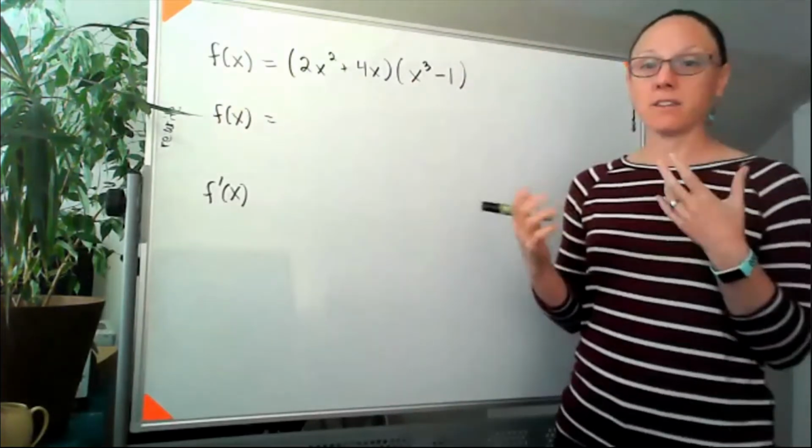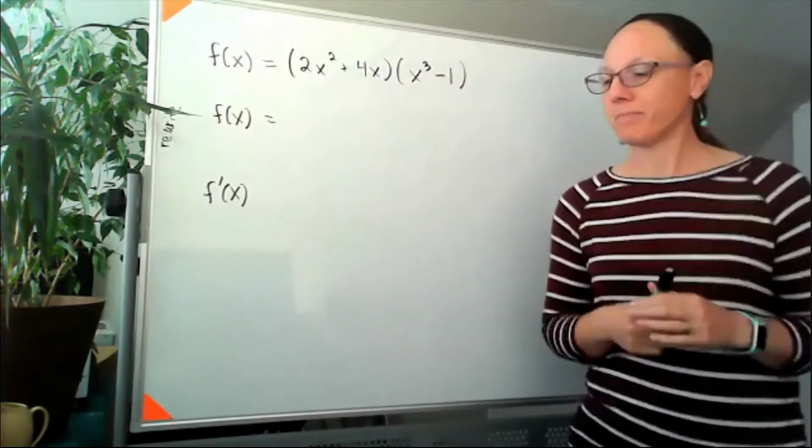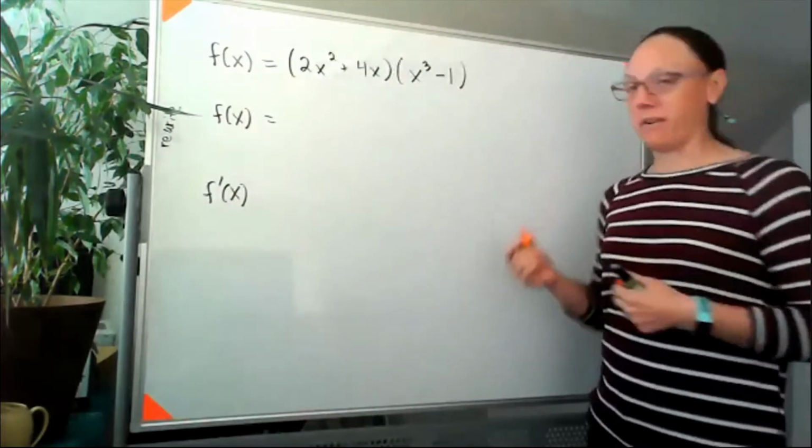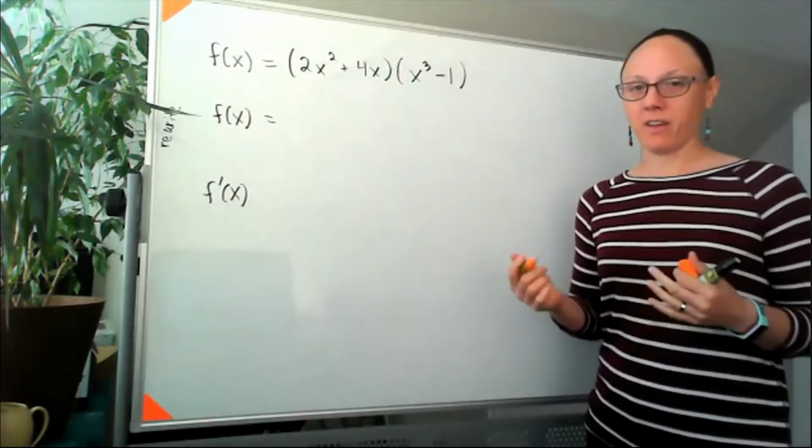There are a bunch of different ways to multiply out polynomials. Whenever I get stuck, I always resort to the box method.